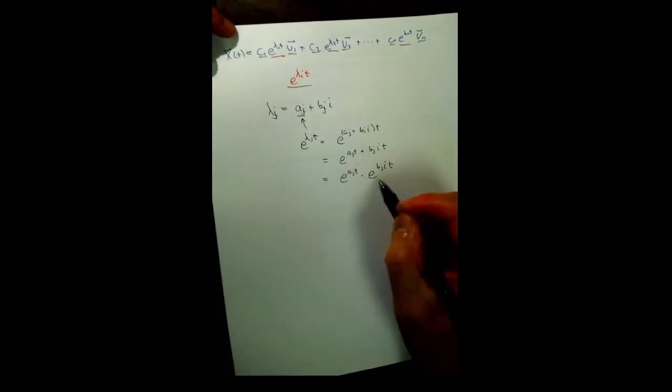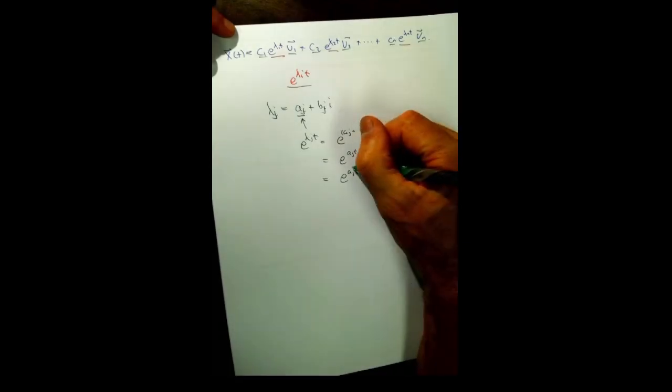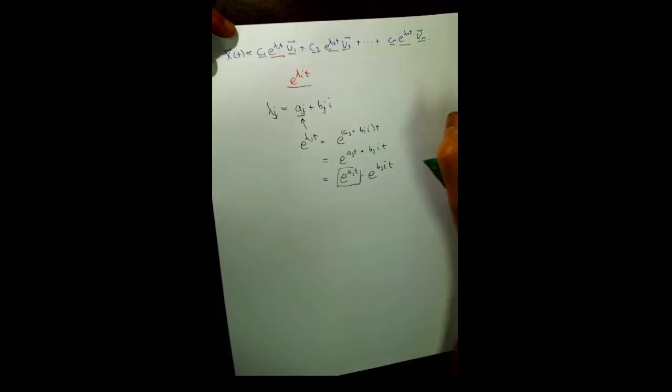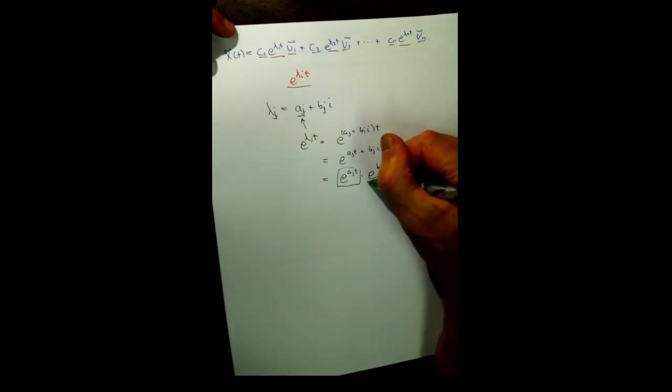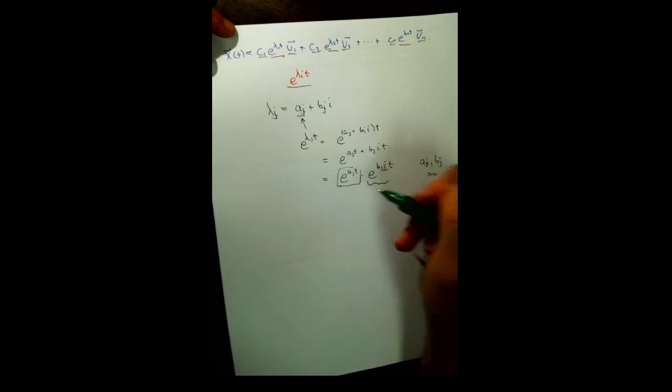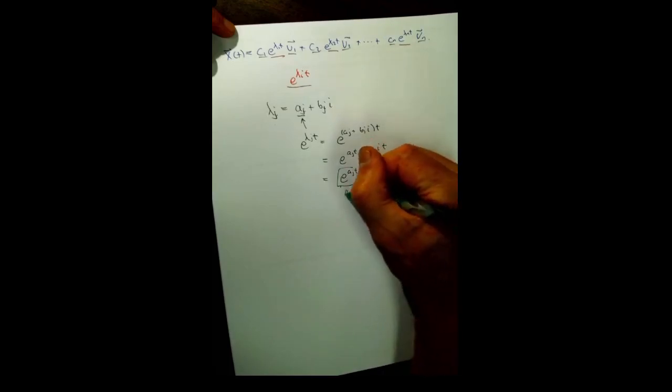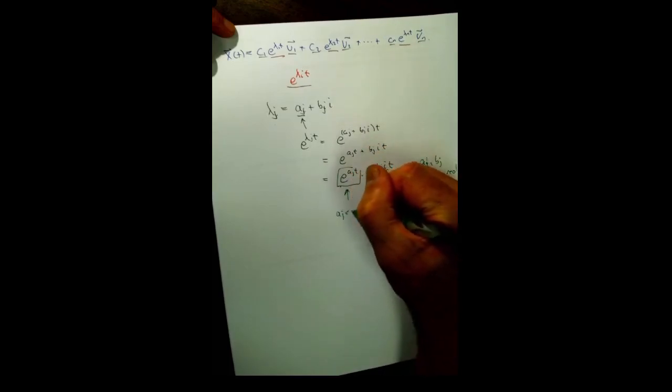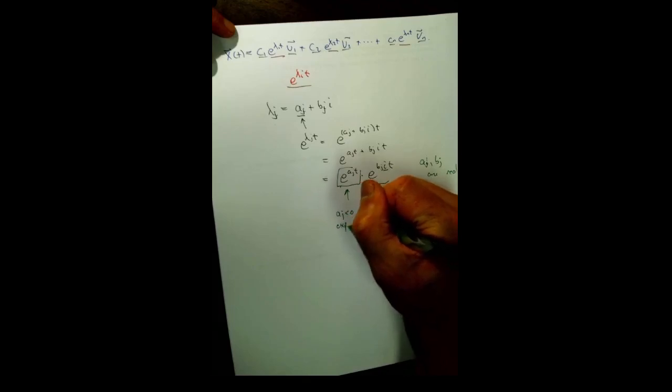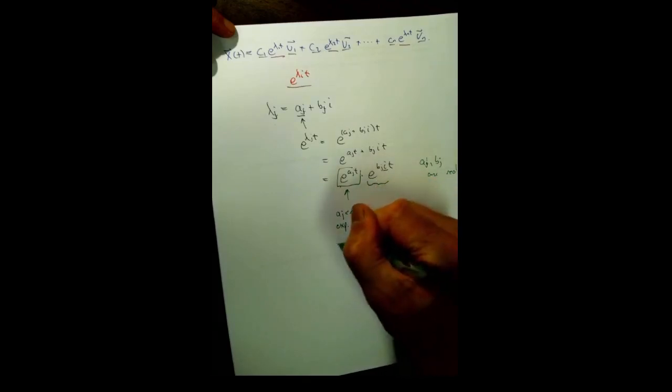as multiplying these two things. So in this case, a and b are real. And because of that, we can interpret this, and we can interpret this separately. So here, if this is negative, we get exponential decay.